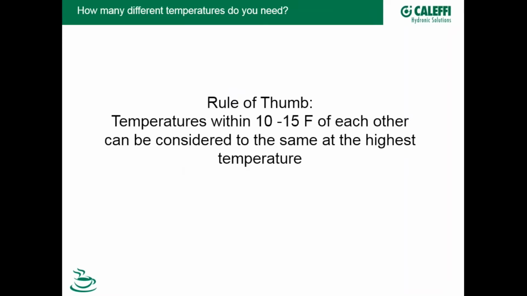From a design standpoint, if I have temperatures within about 10 to 15 degrees Fahrenheit of each other, we can group them together and consider them to be running at the temperature of the highest of the temperature choices. Okay? So I'll take those 4 bottom temperatures and create them as a single water temperature at the high temperature. This way I can get the mixing devices down to a smaller number.